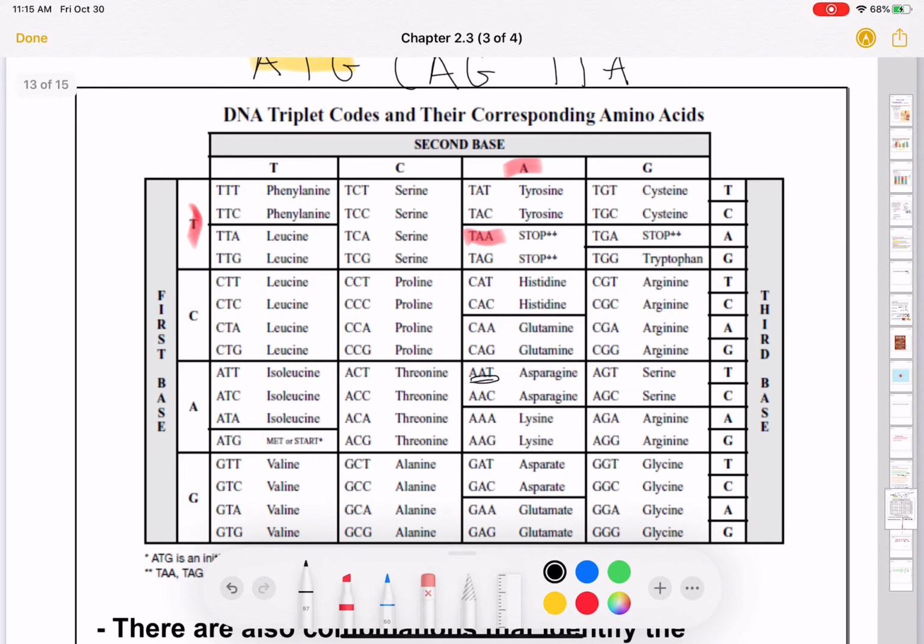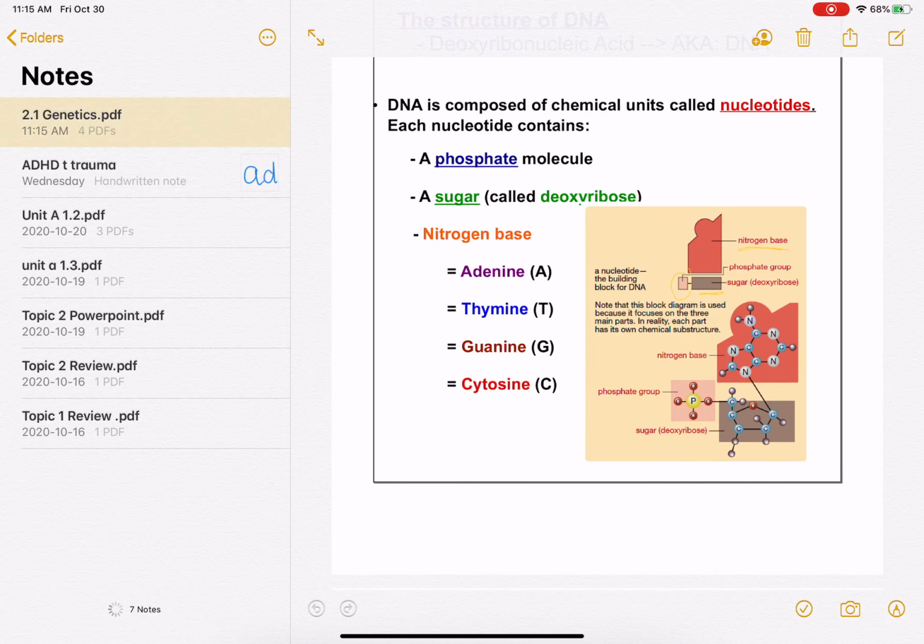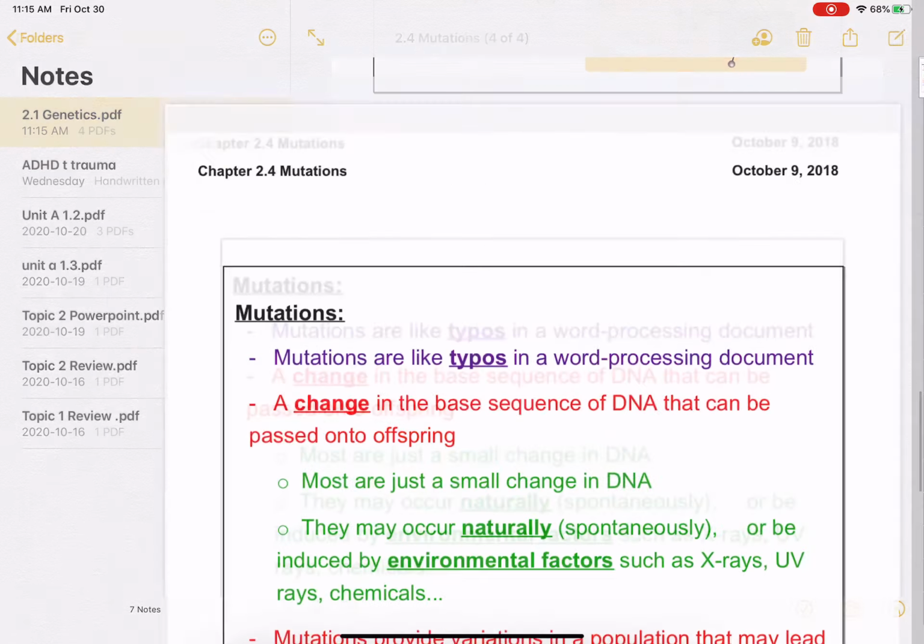So AAT is this, and ATT is this. If that was the case, then just that change of one letter, that A to a T, is causing a huge difference because it's coding for a different protein. So when it codes for a different protein, then we are possibly going to see a large difference in what's expressed, I guess is what we should say.